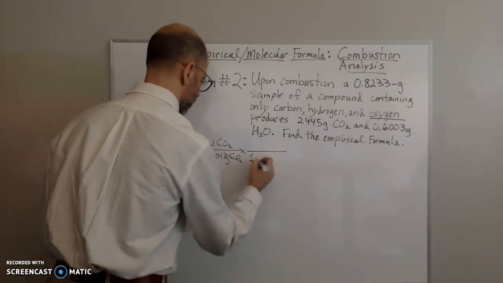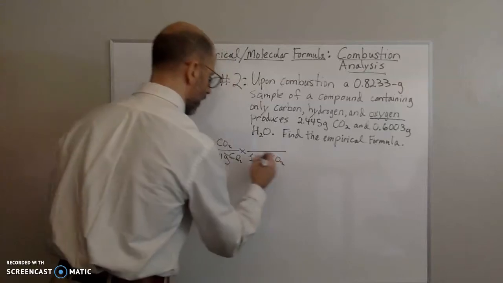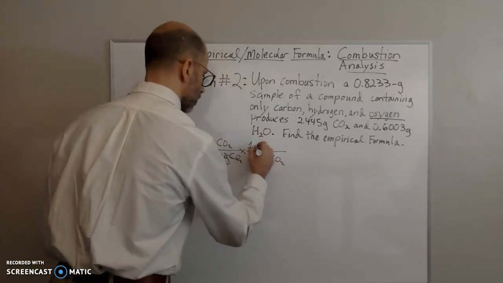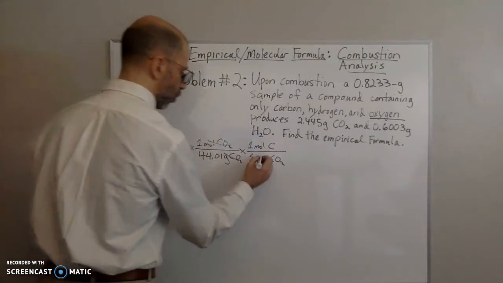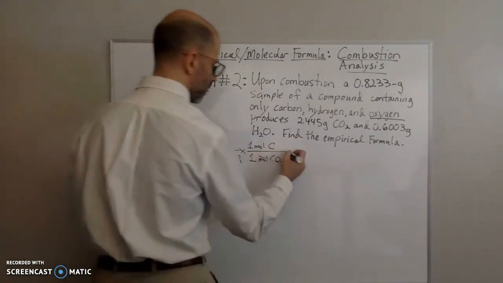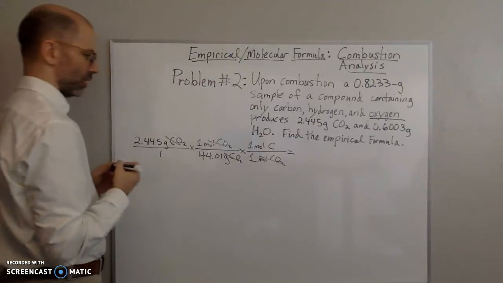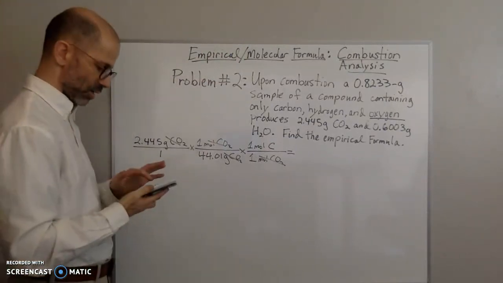So 1 mole of carbon dioxide is to 1 mole of carbon. So the moles of carbon dioxide cancel out. Now I have moles of carbon, so I can do that calculation. So let's go ahead and do that calculation really quick.